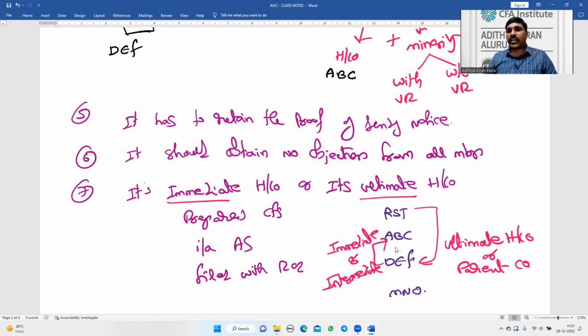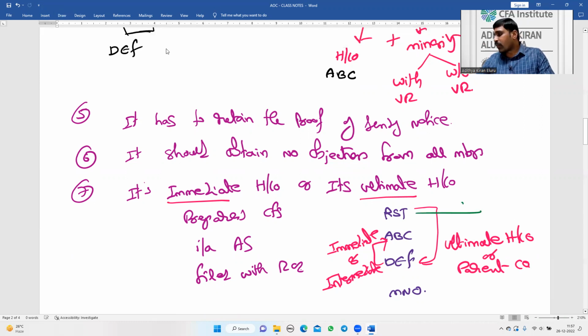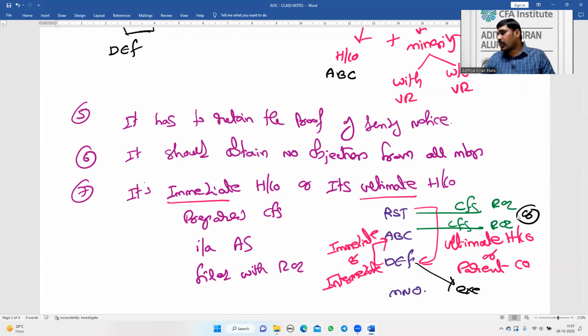ABC is the immediate or intermediate holding company to DF, whereas RST is the ultimate holding company or parent company. If either RST files CFS with ROC or ABC files CFS with ROC, DF is exempted.